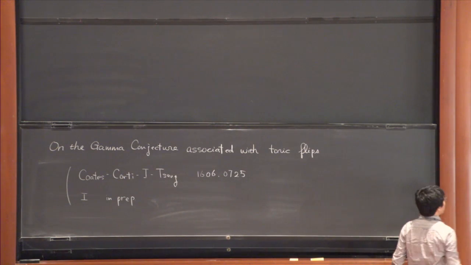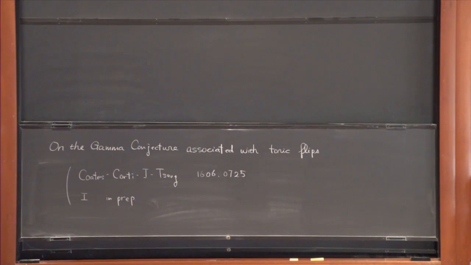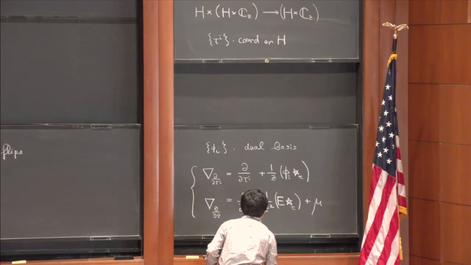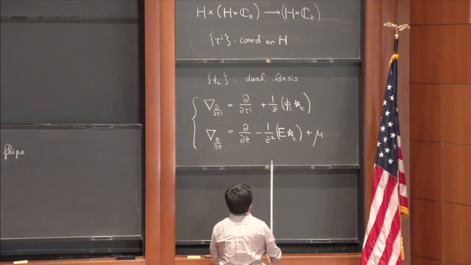Also, this connection can be extended in the z direction: d/dz plus (1/z^2) E star tau plus (1/z) mu.